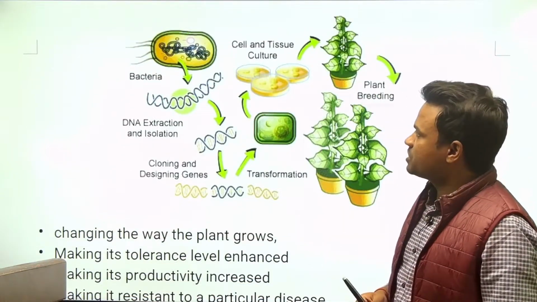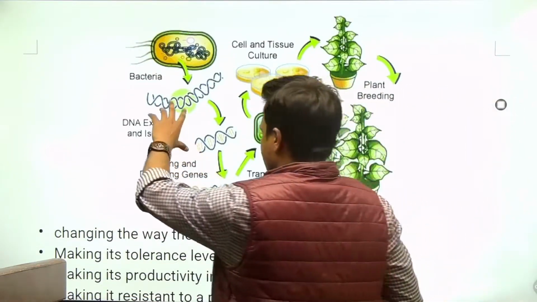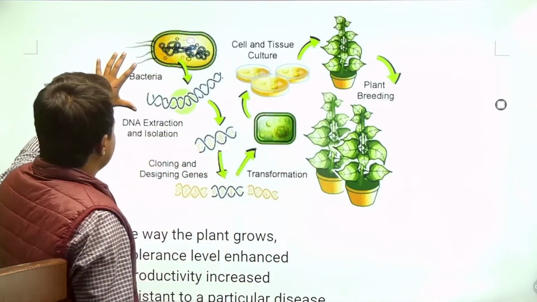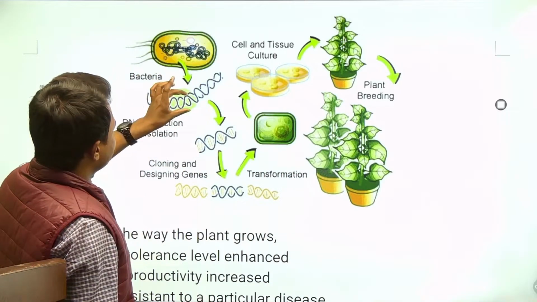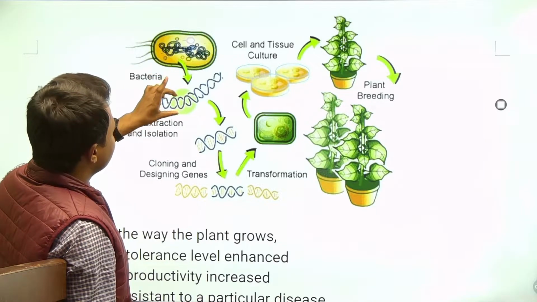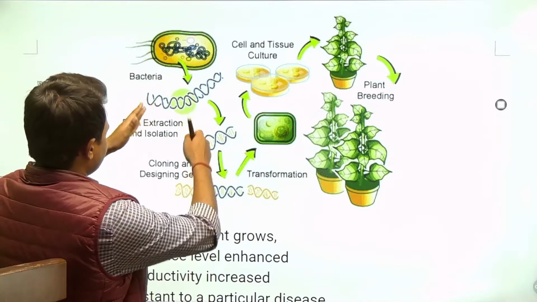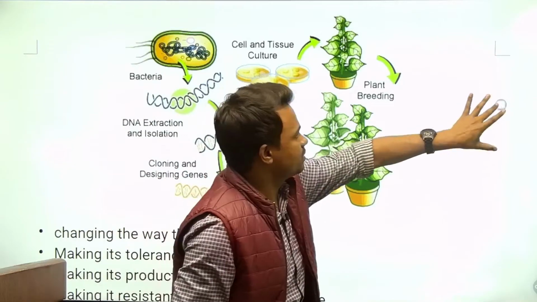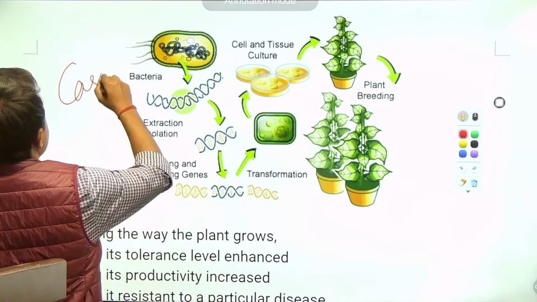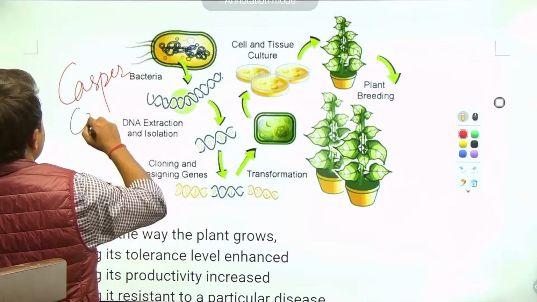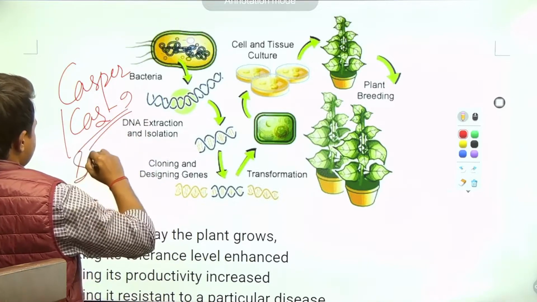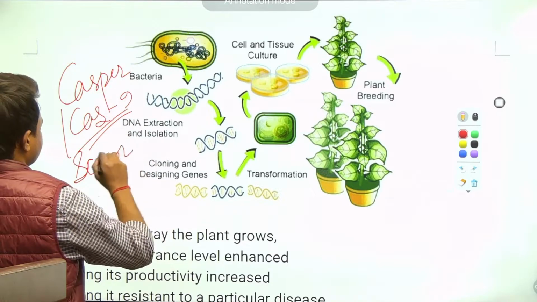In the image here, a bacterium is used, and a section of the bacterium can be inserted as a vector. Recently, I would like to mention Cas9, one of the CRISPR enzymes.